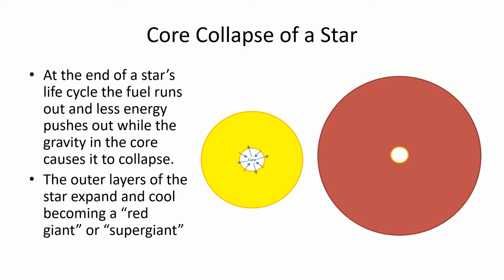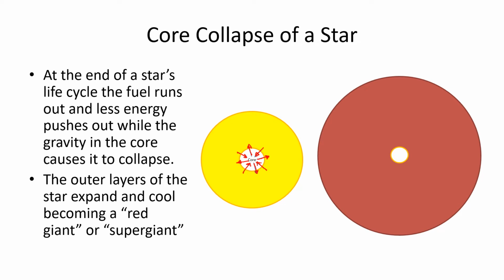So throughout the life cycle of the star, there's a nuclear reaction that causes outward pressure as all this energy is being generated by that nuclear reaction. And then there's inward pressure due to all that gravity that's being crushed in there all at once. And so as the star goes through its life cycle, those two forces are pretty much in balance.